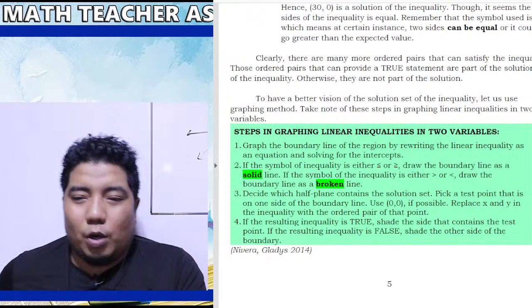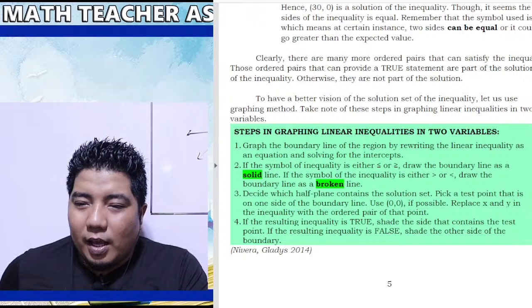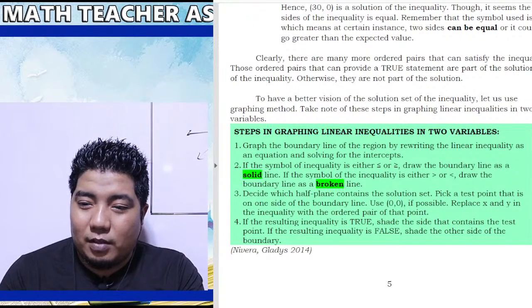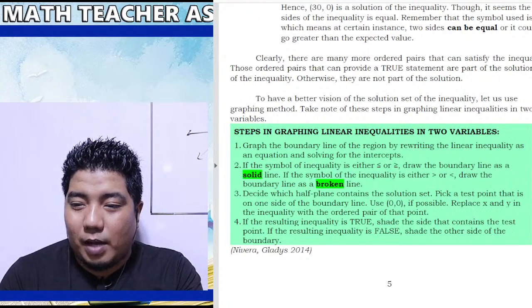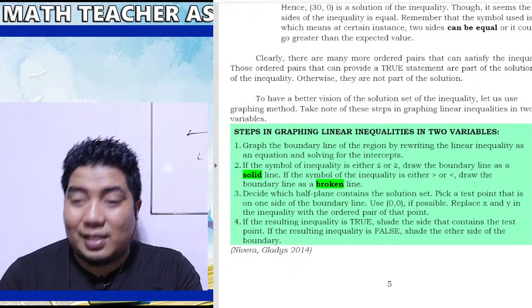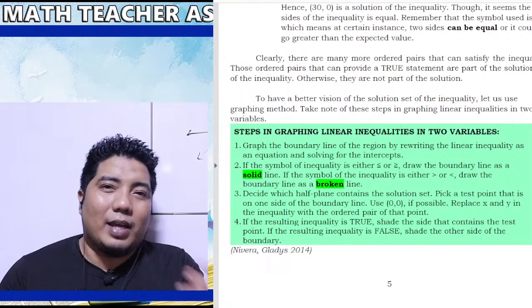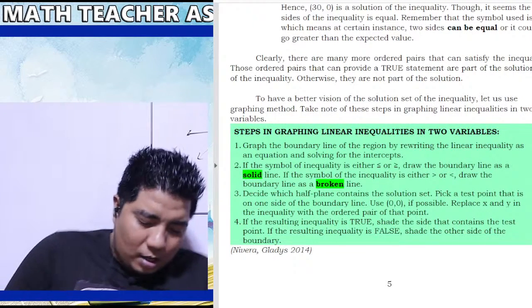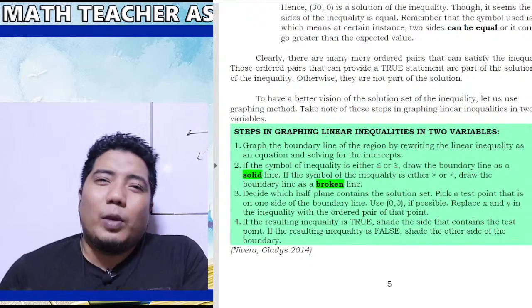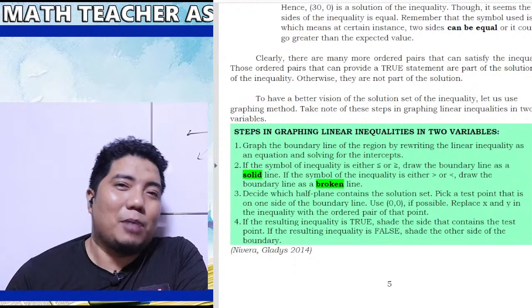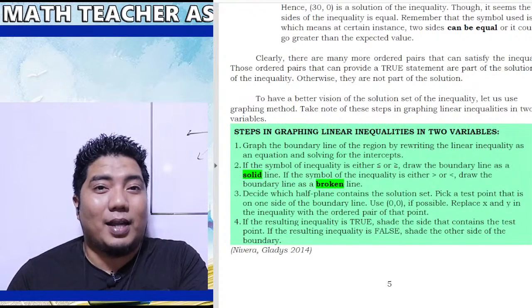Sabi nga dito, graph the boundary line of the region by rewriting the linear inequality as an equation and solve for the intercepts. So, pwede mong gamitin when we graph our linear equation sa Cartesian plane, ang ginagawa natin maraming paraan, tama?